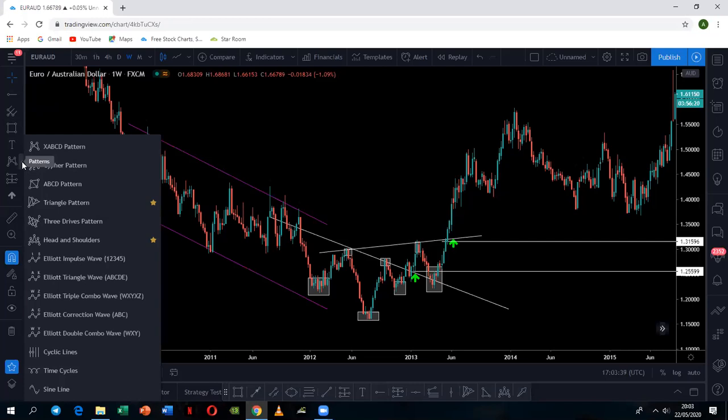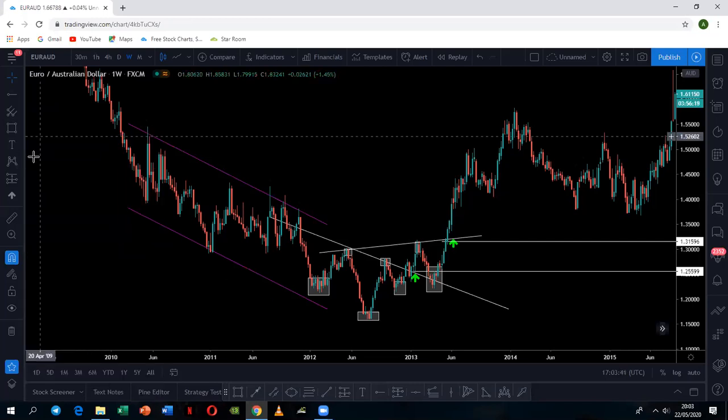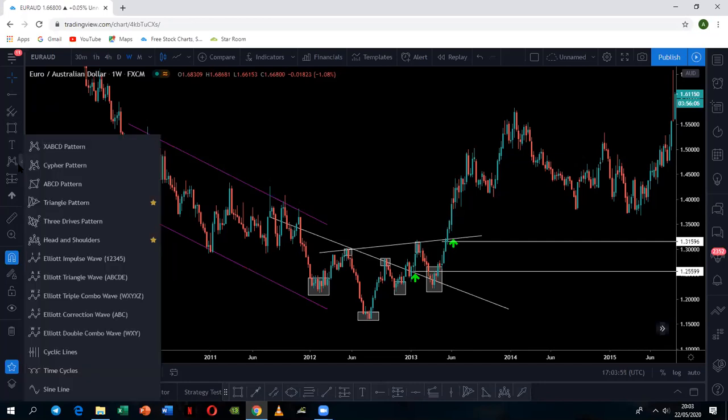So you locate this particular icon, and as you can see, it says these are patterns. So this is where you come to.